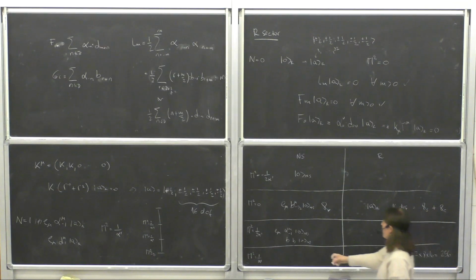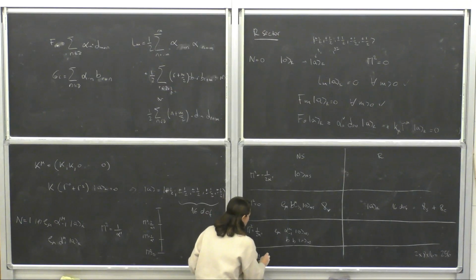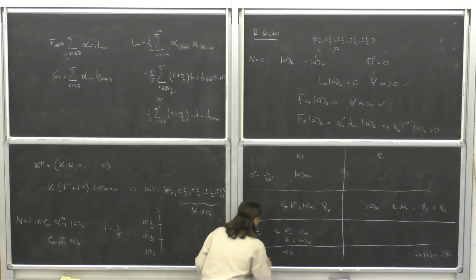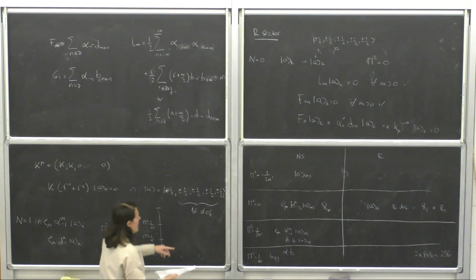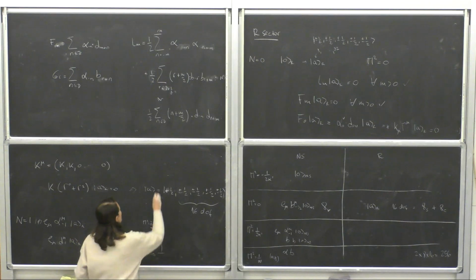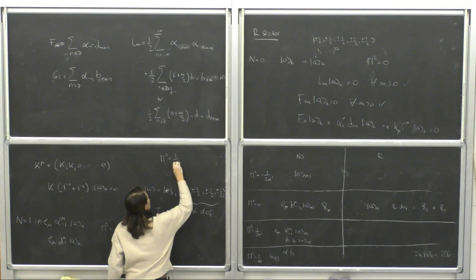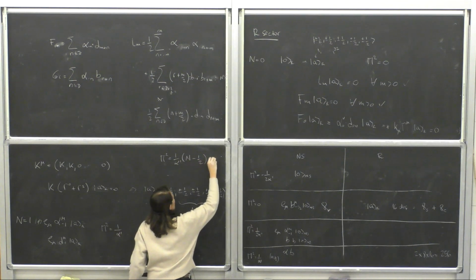If you do the states here, what can you have? You can have an alpha and a b. So this is at n equals 3/2 in the NS sector. Mass squared is 1 over alpha prime times n minus 1/2 in the NS sector.